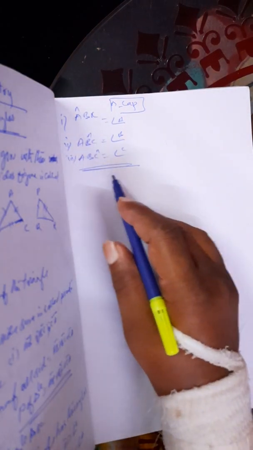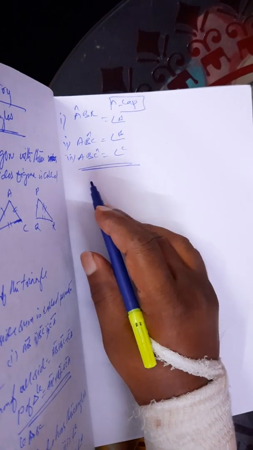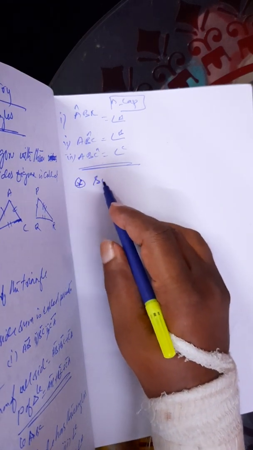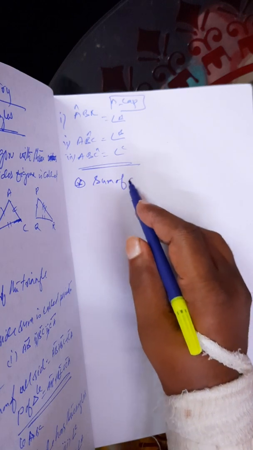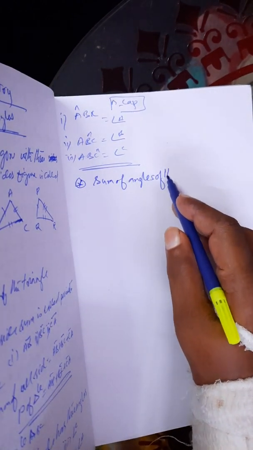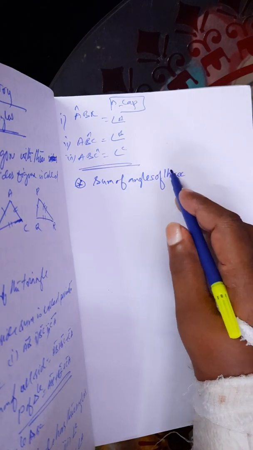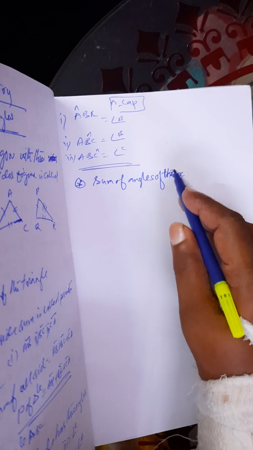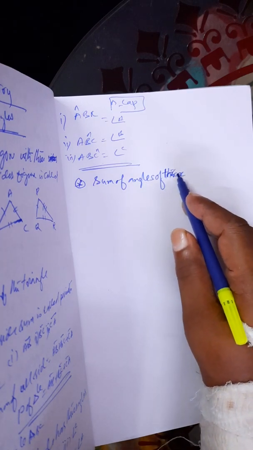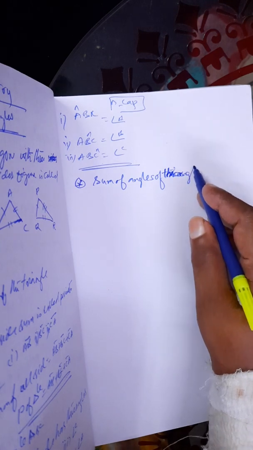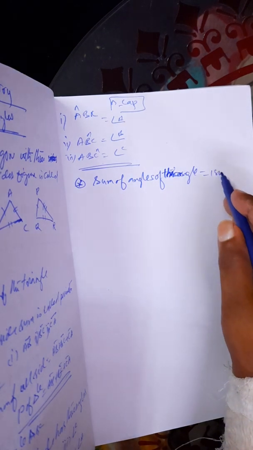Now if we are talking about triangles, this is a property. The sum of angles of a triangle. Angles of a triangle means 3 angles, and the sum is equal to 180.